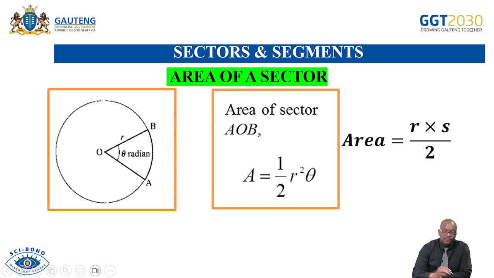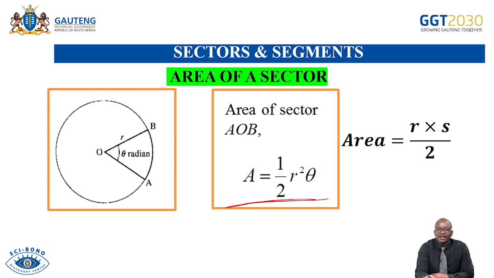So now moving forward, since we're speaking about the area of a sector, remember in grade 11, like I said before, when we write our test and exam, we are given the formula sheet. So when you are asked to determine the area of a sector, you quickly go to your formula sheet and look for the formula that looks like this one.